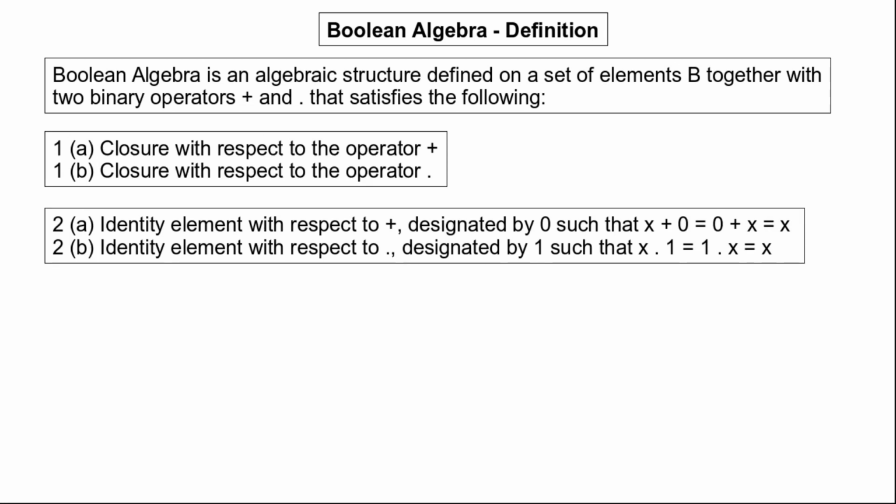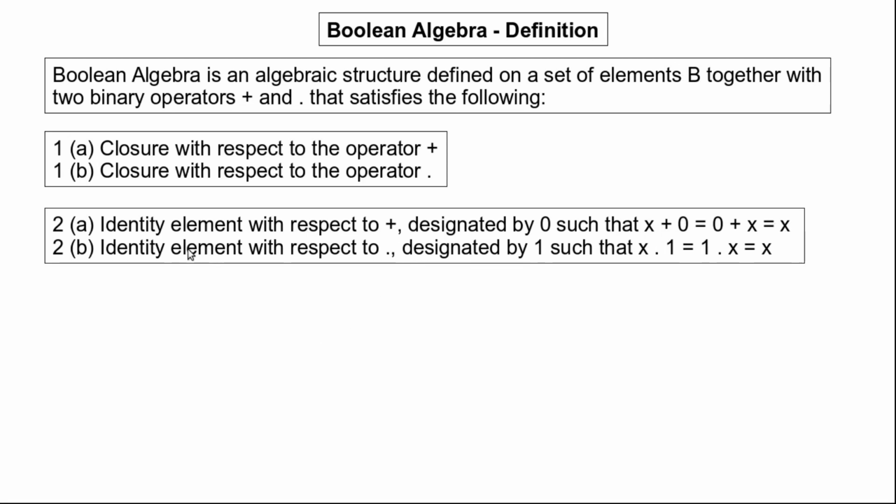So when we define the operator plus, it should result in an element from set B becoming the identity element with respect to plus. And what is the meaning of the identity element with respect to plus? If we take any element x from the set B and then we do plus with the identity element, it should result in x itself.